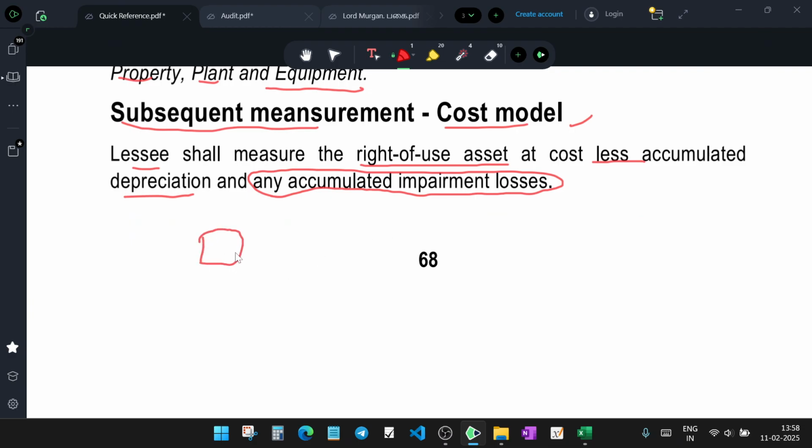The asset may be depreciated, and that depreciation is also reduced from the cost. Any accumulated impairment loss is also reduced. So this may be the cost, and this will be the damages. Reduce that so that the value can be calculated appropriately.